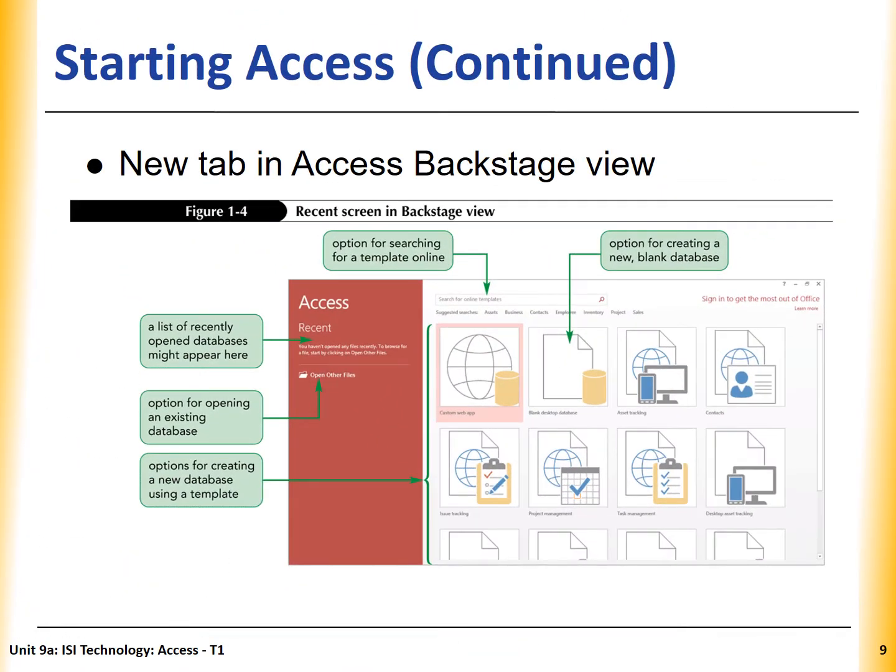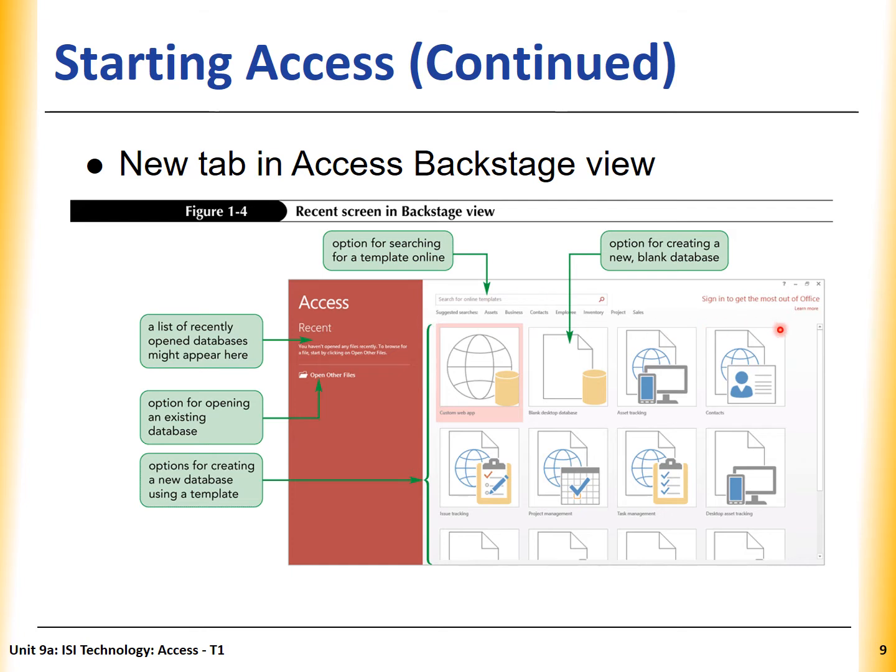Now, how to start a new tab in Access Backstage View. Whenever Access starts up, you're going to see this menu, or this window, in front of you. This icon or button is the option for creating a new blank database. Most of the time we are going to use this one. Here is the search for a template online.